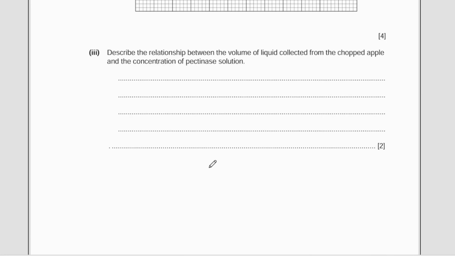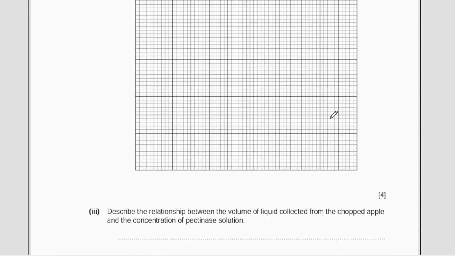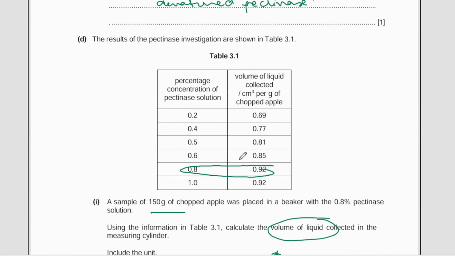Then we have to plot a graph. Okay, what is the relationship of volume of liquid collected and the concentration of pectinase? Here is a table. What can you detect? Conclusion: as the concentration of pectinase increases. This is the conclusion. Now these are two different cases.